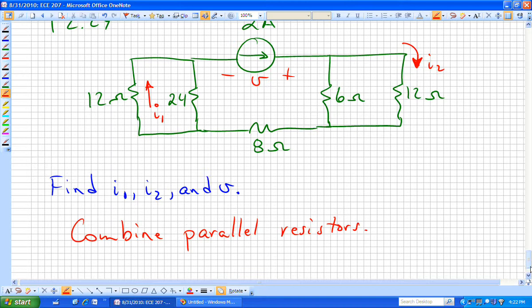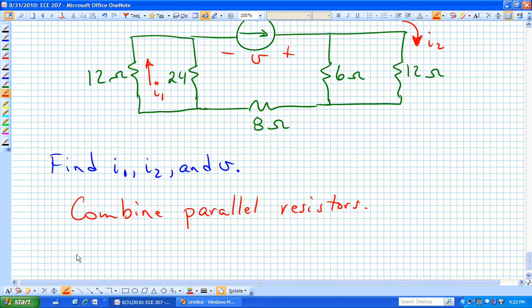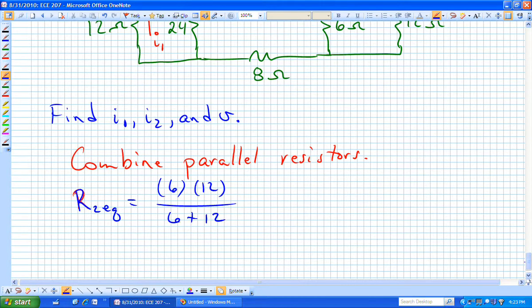R sub 2 equivalent is the product of those two divided by their sum. Those are the 2 resistors on the right that are in parallel. And I can do some of that. There's 18, this 18. And now I have 12 divided by 3, or 4 ohms. Does that make sense?